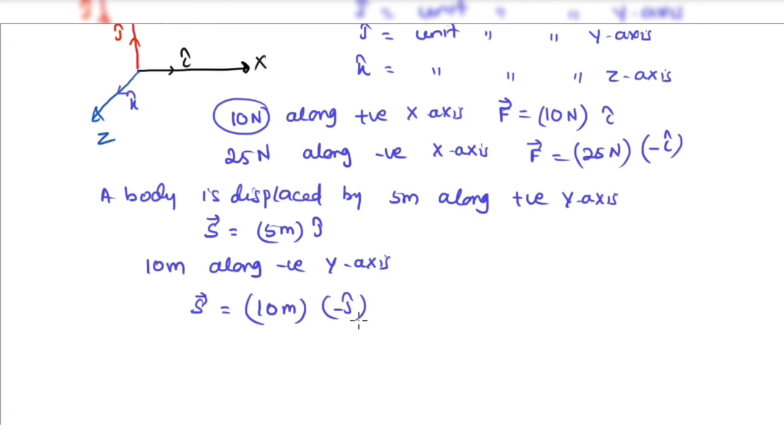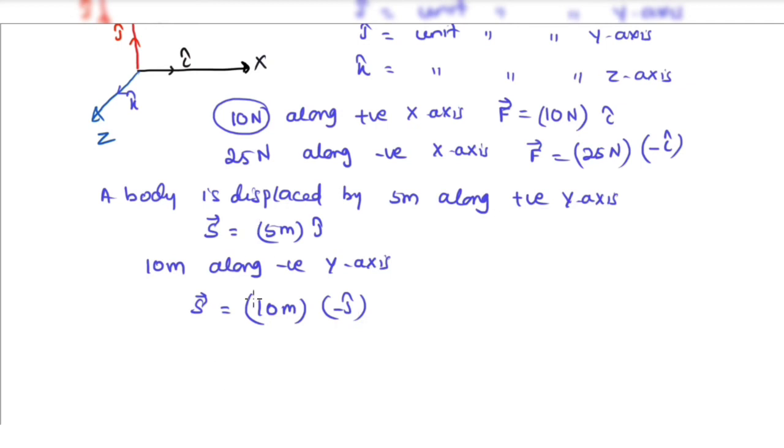So unit vector along positive y-axis is plus j cap and unit vector along negative y-axis will be minus j cap. Similarly, unit vector along positive z-axis is k cap and unit vector along negative z-axis is minus k cap. So this is all about unit vector.